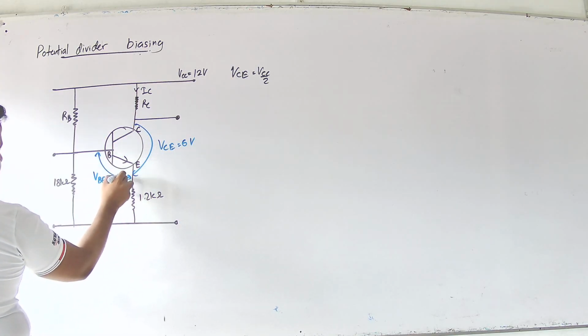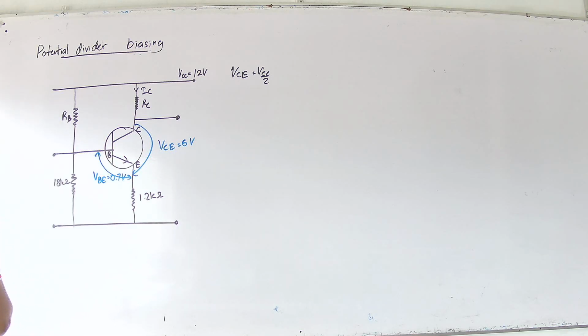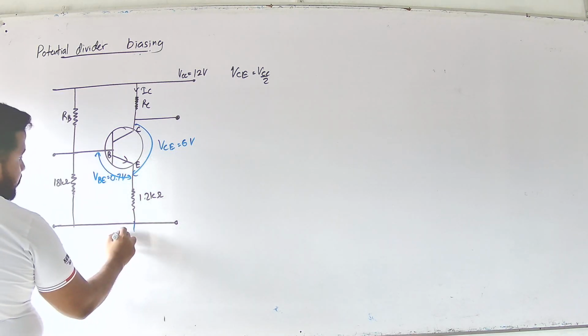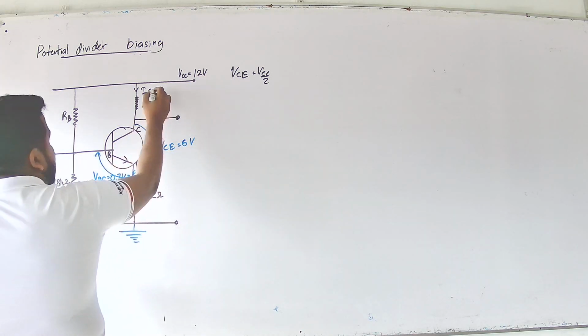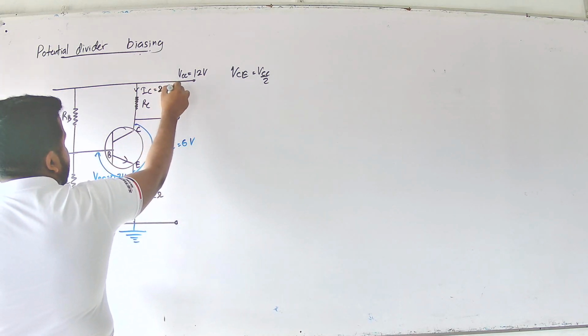VB taken as 0.7 volt, right? 0.7 volt of this terminal. IC equals 2 milliampere.